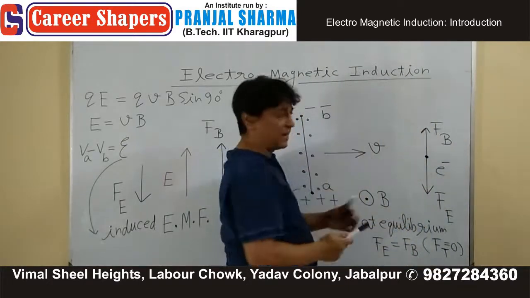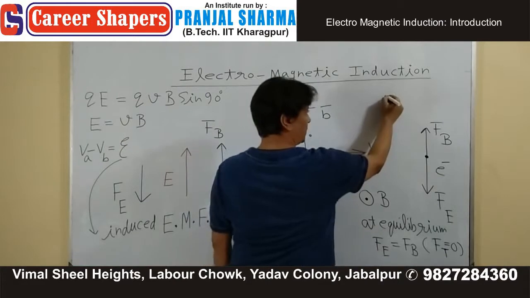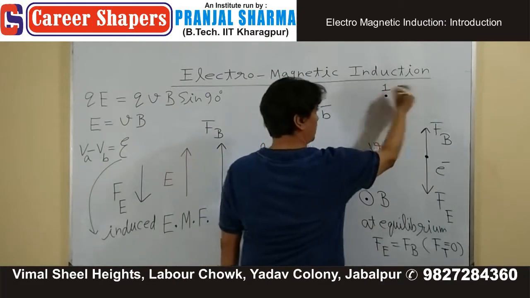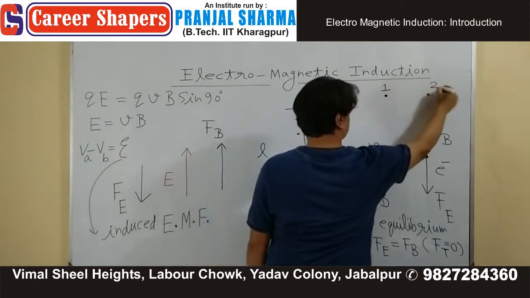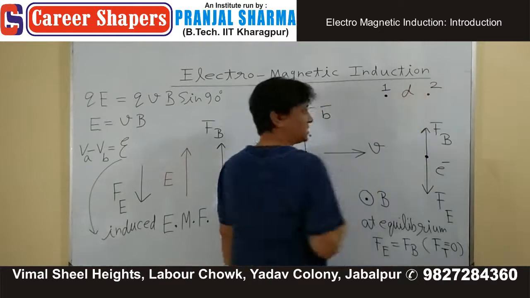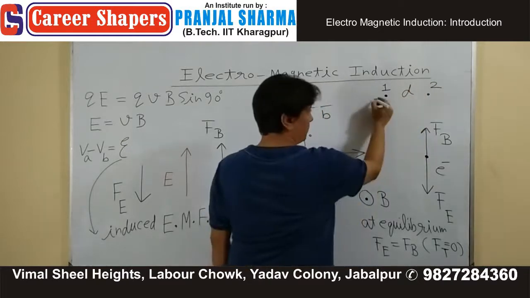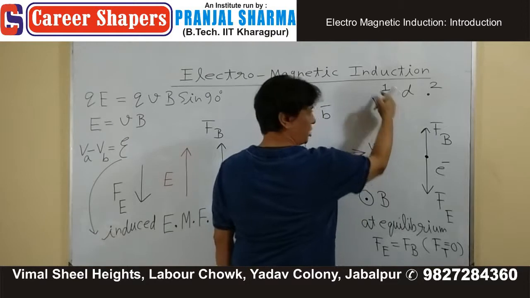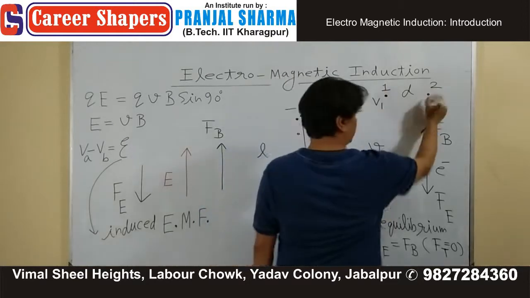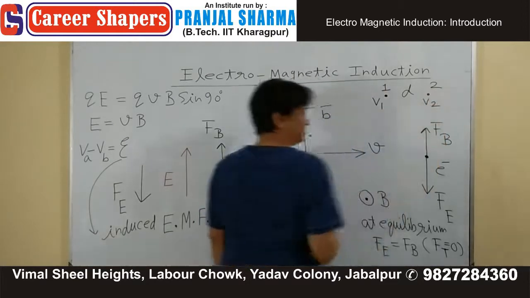This is coming from electrostatics. There were 2 points, 1 and 2, separated by a distance of d. Potential at 1 is V1, potential at 2 is V2.